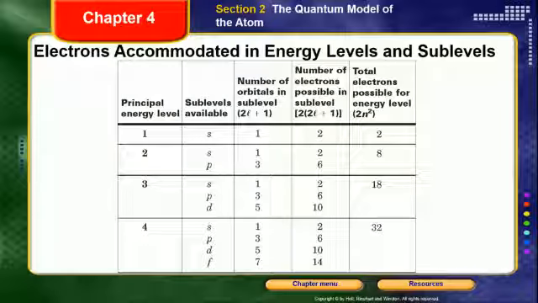When n is equal to 1, there's only the s sublevel available. There is 1 orbital per s. When we go to n equals 2, we have s and p orbitals. So how many orbitals are there? There's 1 from the s still, but 3 from the p. So how many total? That's 4.